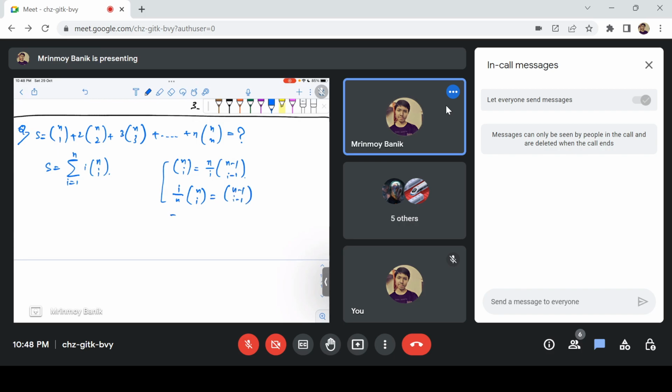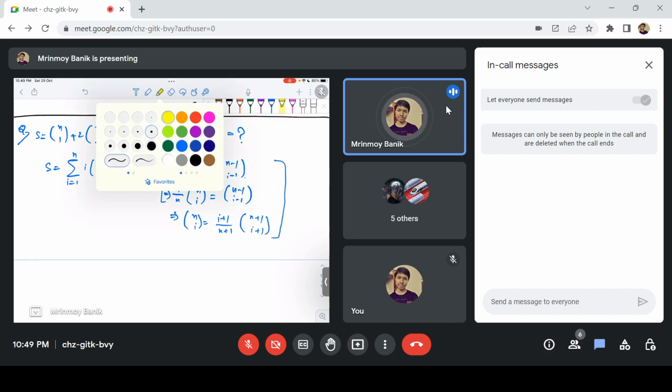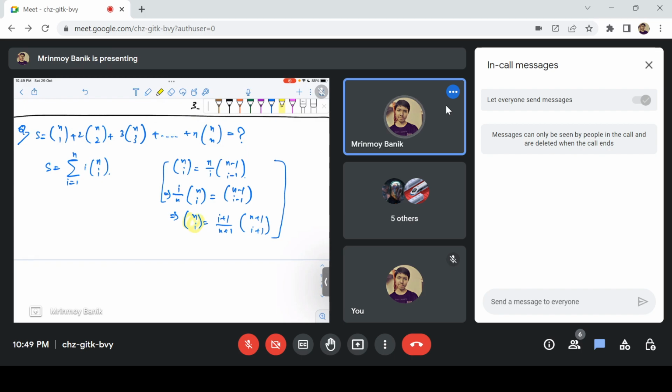If you further replace n with n plus 1 and i with i plus 1, then you get nCi equals i plus 1 by n plus 1 times n plus 1 C i plus 1. So remember this.